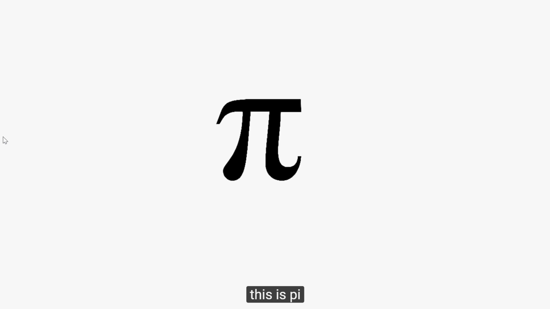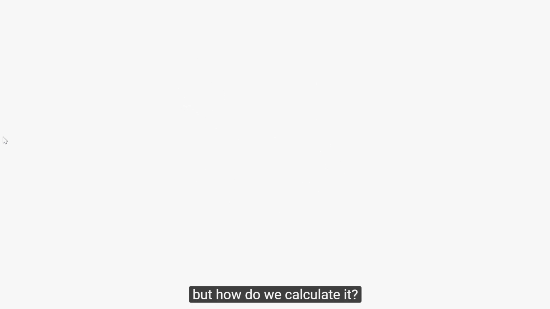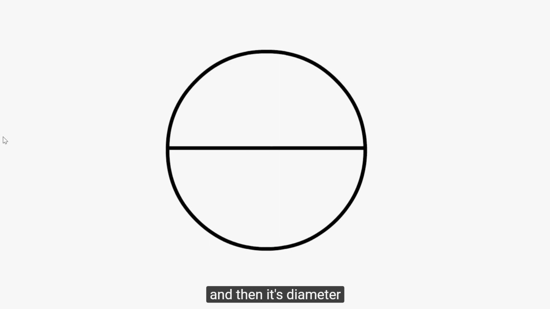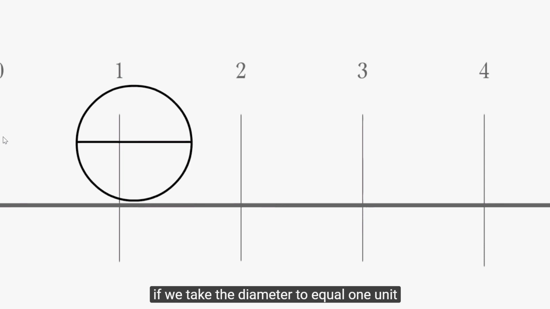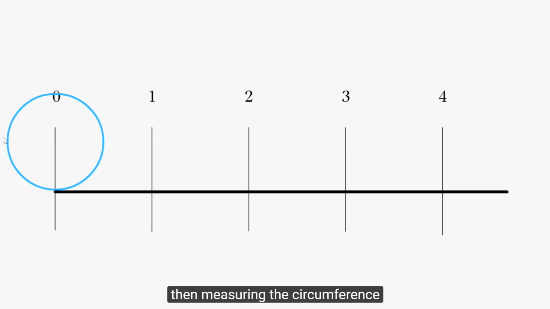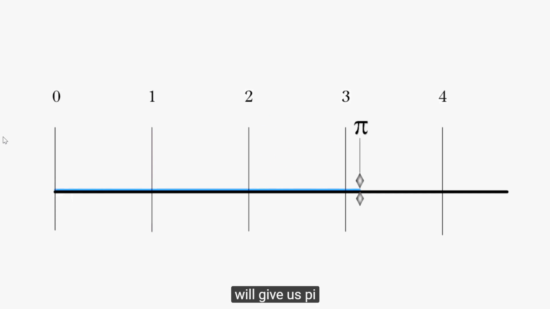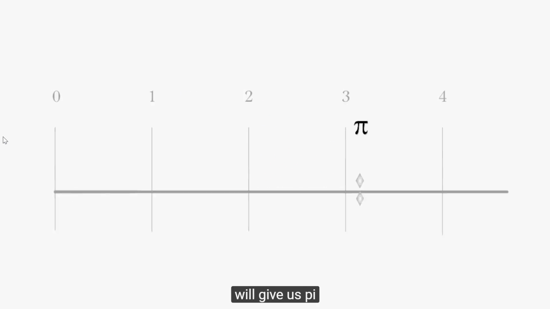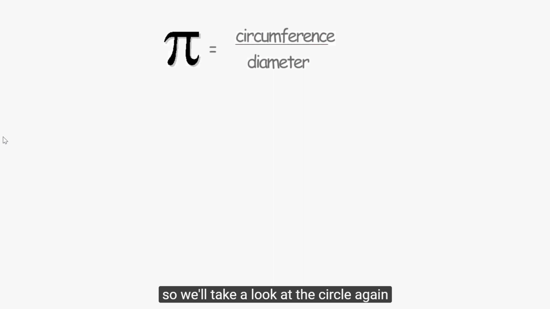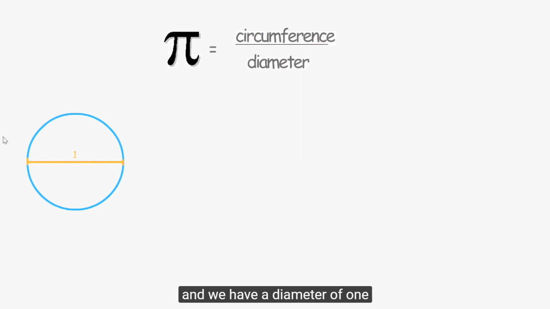This is pi. But how do we calculate it? First, we'll draw a perfect circle, and then its diameter. If we take the diameter to equal 1 unit, then measuring the circumference will give us pi. In school, we learned that pi is equal to the circumference over the diameter. So we'll take a look at the circle again, and we have a diameter of 1.